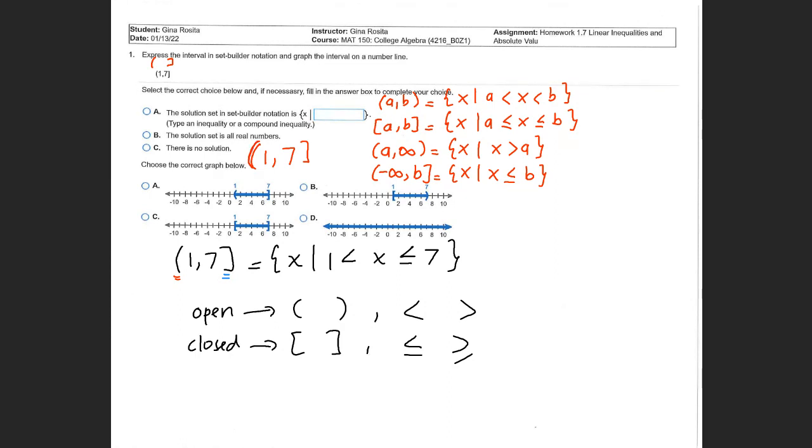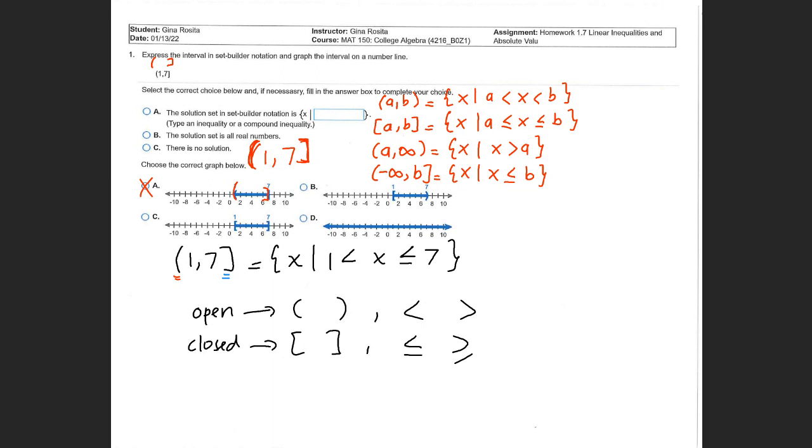Look at A: A is open, so you have to find the open one first, looking from left to right. A is open, B is closed, C is closed with infinity. So the answer is A. Look again at 7: this is closed, a bracket. So the answer is A. Everybody follow? I hope everybody follows.